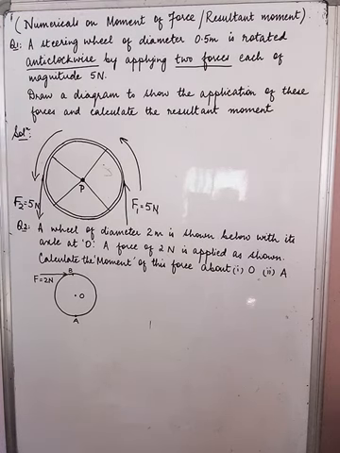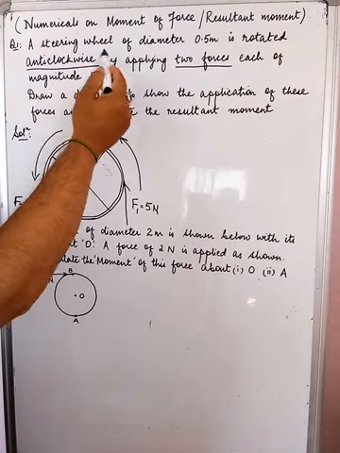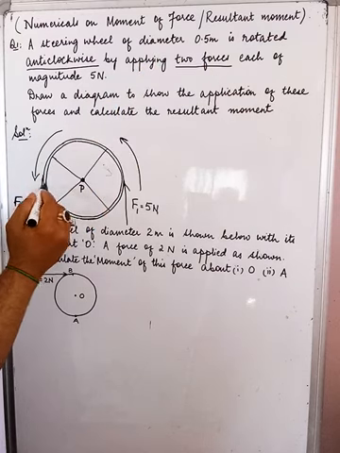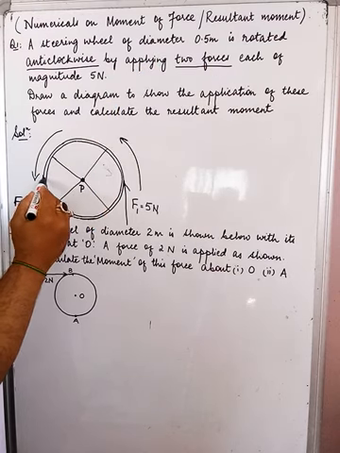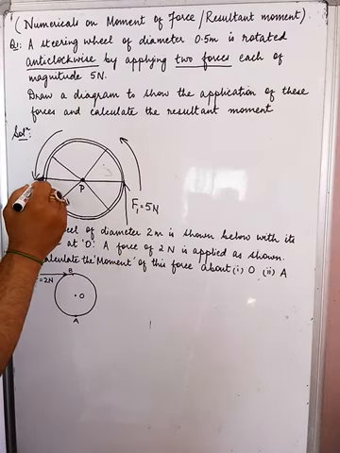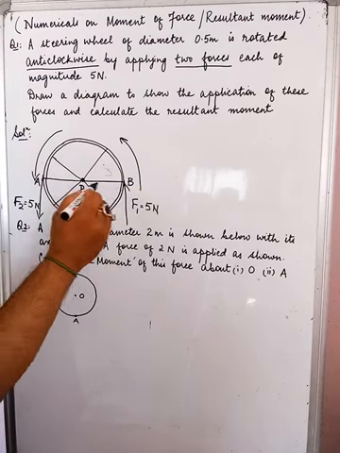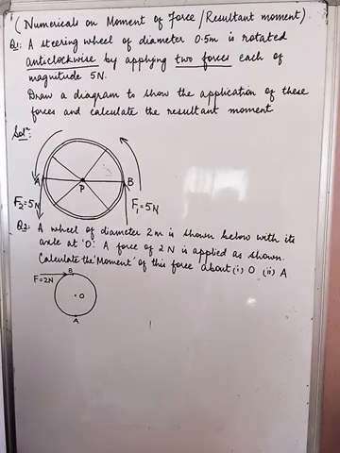Now, a steering wheel of diameter 0.5 meters. Diameter everyone obviously knows. If we draw this line from here to here, and we call this point A and this point B, then AB is the diameter of the wheel, and the diameter is 0.5 meters.